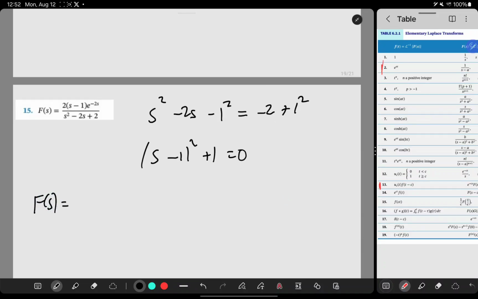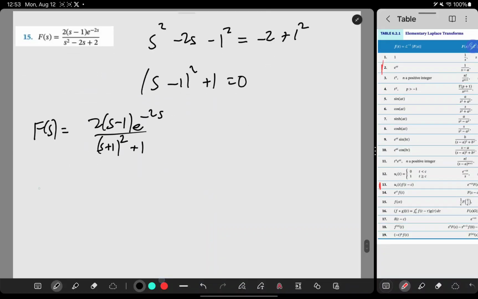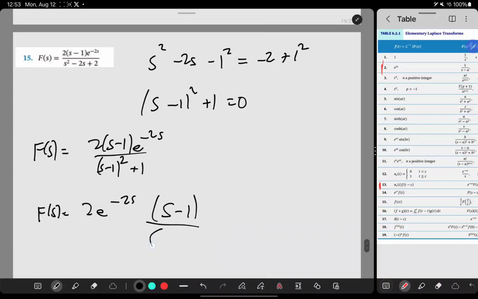F of s is 2 times s minus 1, times e to the minus 2s over (s minus 1) squared plus 1. Let's pull out the 2e to the negative 2s. Then we're left with s minus 1 over, oh sorry, this should be minus. s minus 1 squared plus 1.